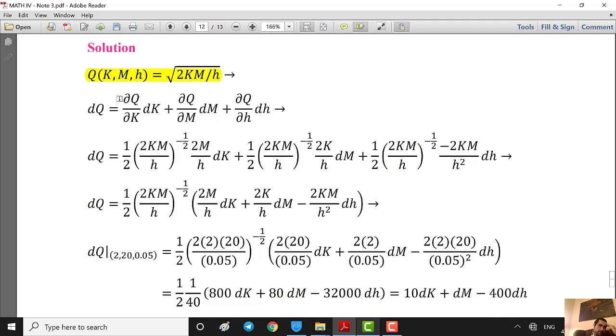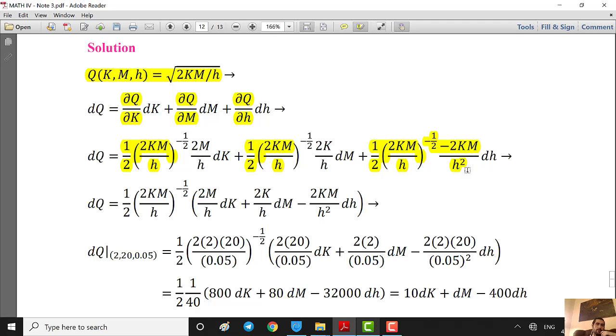Now, if you calculate ∂Q/∂K, you're going to reach this. You have to do it at home on your own. If you calculate ∂Q/∂M, you're going to reach this. If you calculate ∂Q/∂H, you're going to reach this.